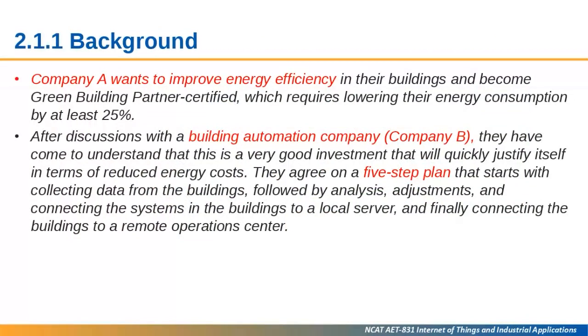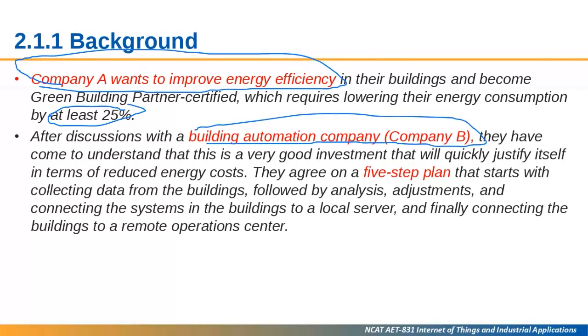So in that case, we have company A, focused on energy efficiency. Basically, we want to reduce energy by 25%, so they communicate with building automation company B, and they have a 5-step plan, including collecting data, analysis, judgment, connecting to a local server, and connecting the building to a remote operating center.